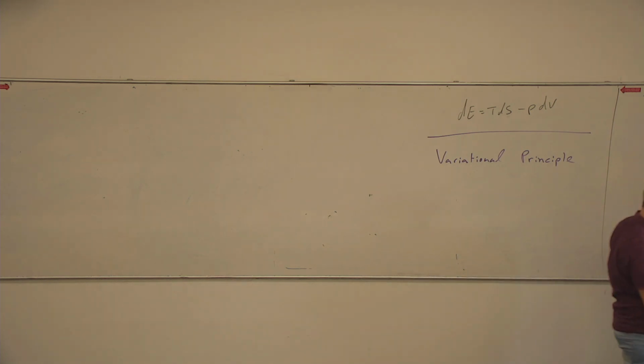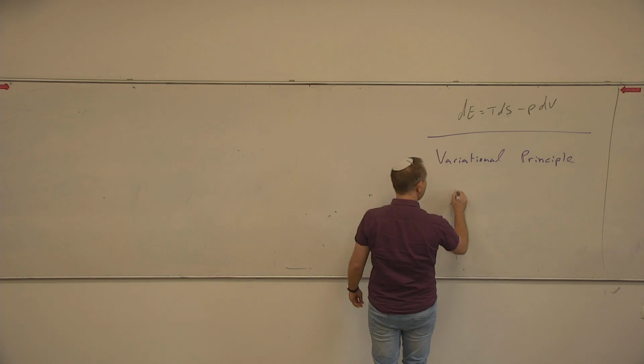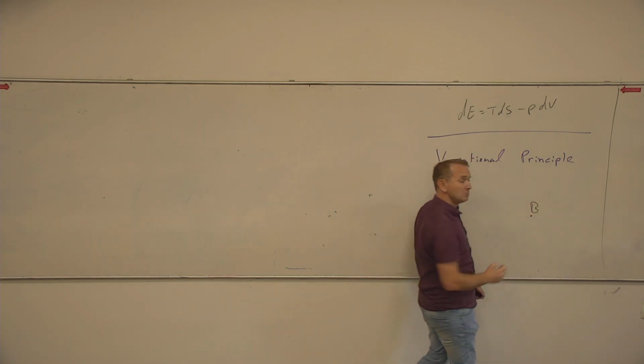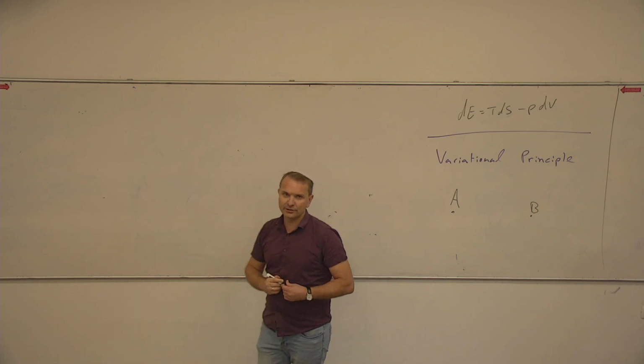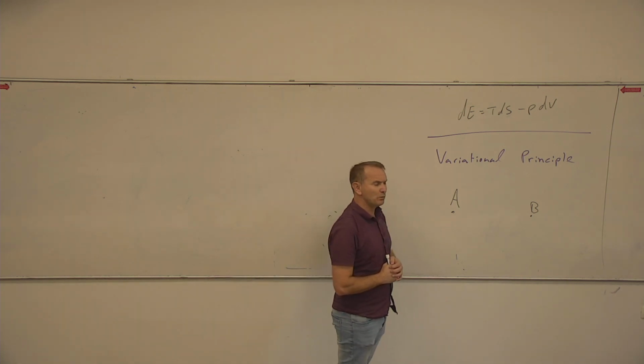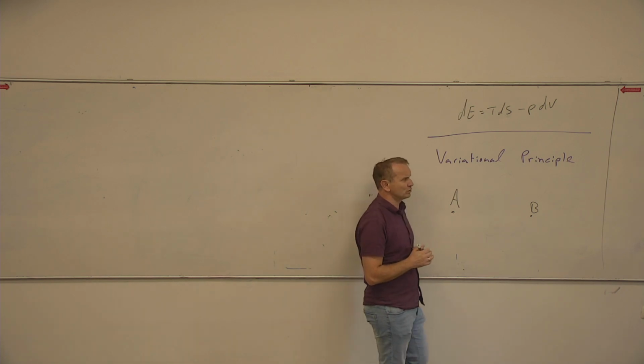Remember the second law as we generated it. It states the following. If we have state A and state B, we don't really care if they are equilibrium or not, but usually they are some sort of equilibrium.